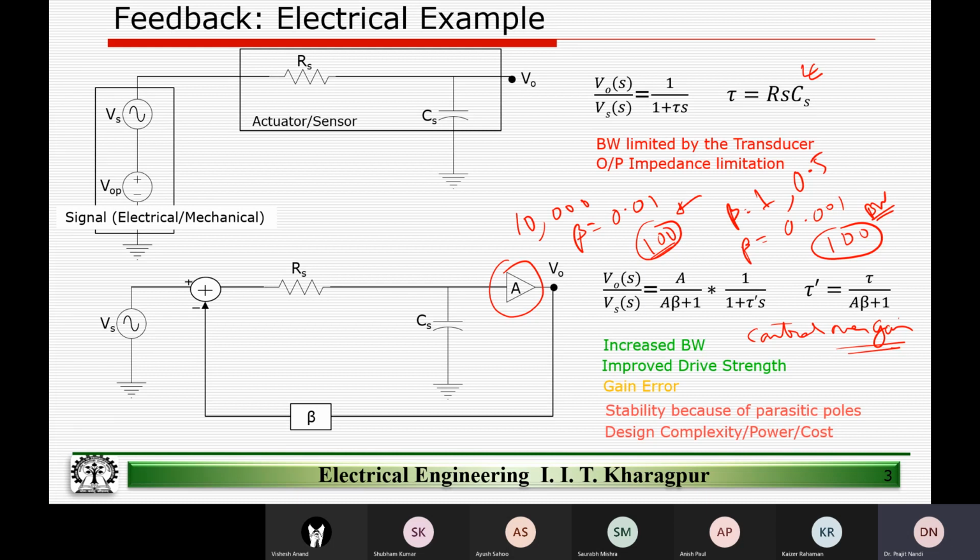But when you look at instrumentation amplifiers, the configuration itself becomes quite different. And designing one instrumentation amplifier with a high gain is itself a very challenging task.